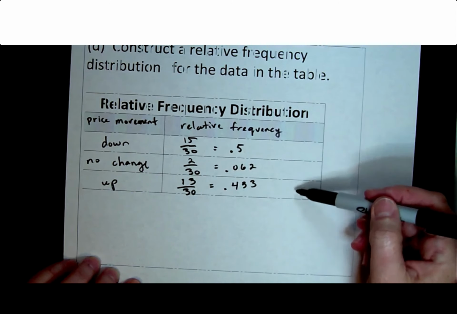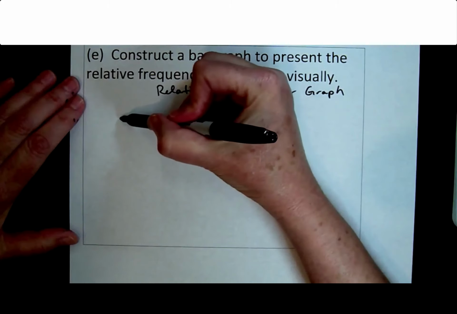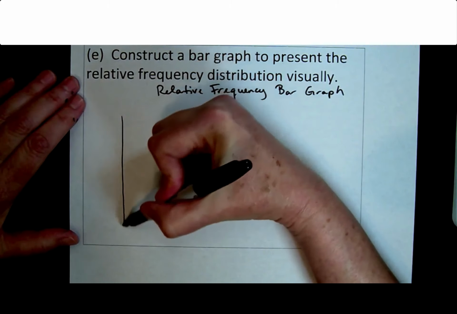And then representing that visually with a relative frequency bar graph. Let's see, the relative frequencies, the highest one is 0.5. There's my vertical axis for the relative frequency.